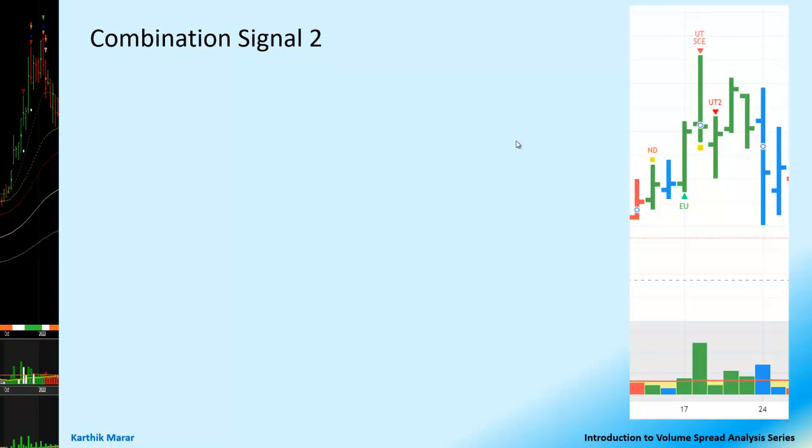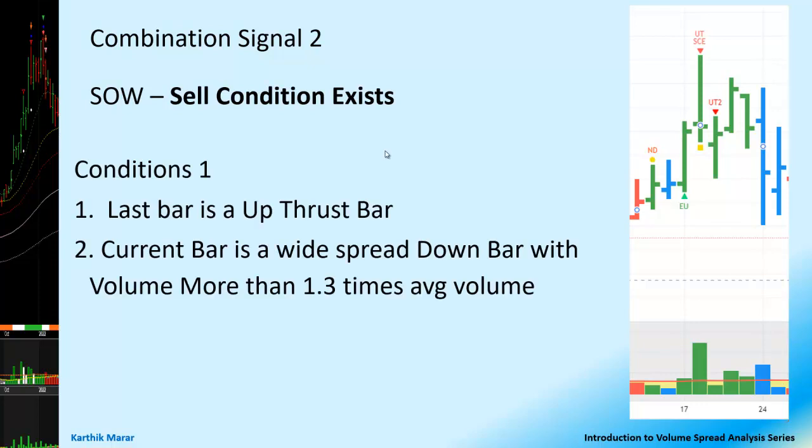Now let us look at the second combination signal. This signal is again a sign of weakness, or SOW, and it is called the sell condition exists. Now it can be of two conditions, but in the program we have defined two conditions.